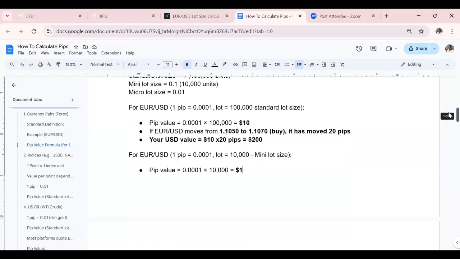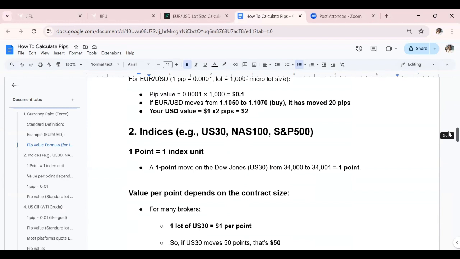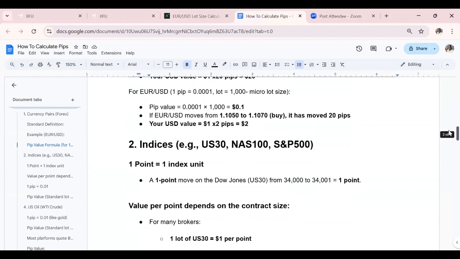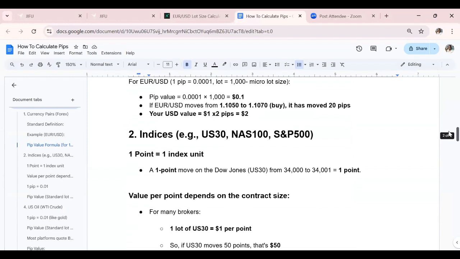If you're in a trade, you can easily have an idea of how much you stand to make and how much you stand to lose.